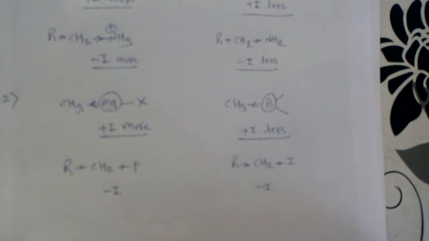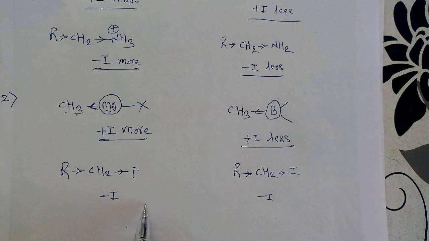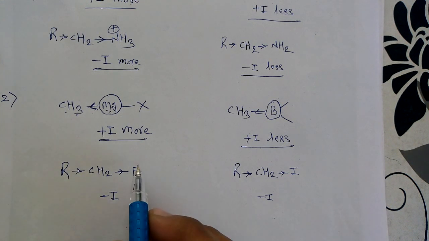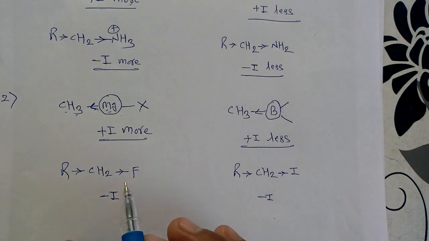Now the question arises, which minus I has the more magnitude? For this purpose, we have to take into consideration the second factor. As the electronegativity of the atom increases, the minus I inductive effect goes on increasing. So it is directly proportional to the electronegativity of the atom.